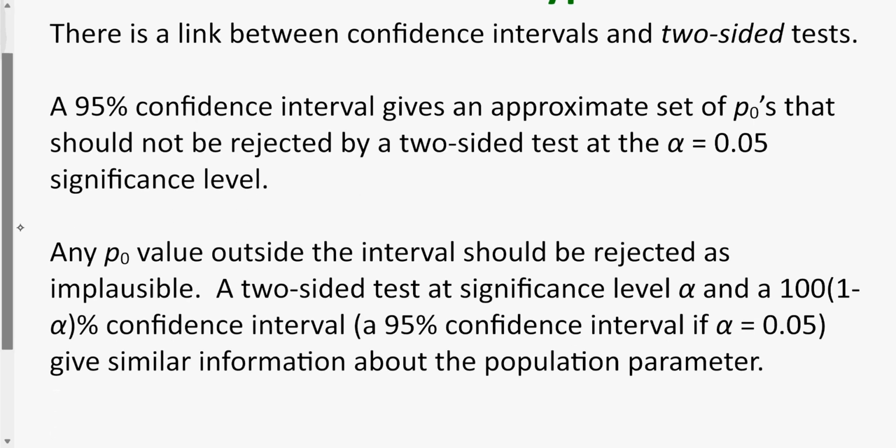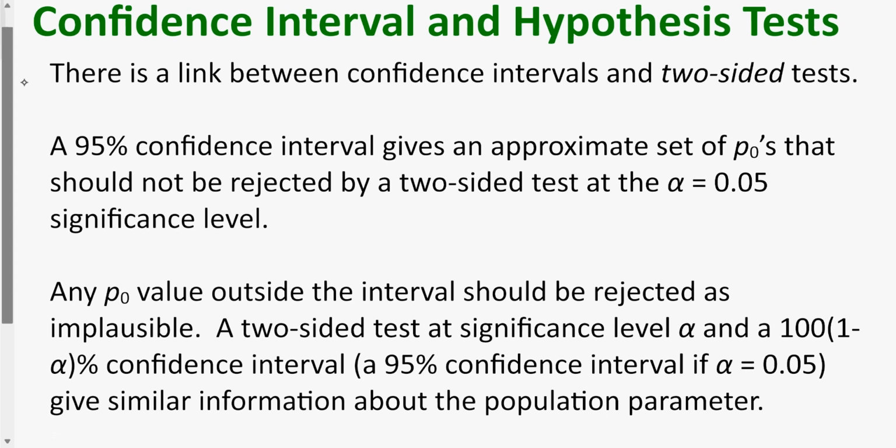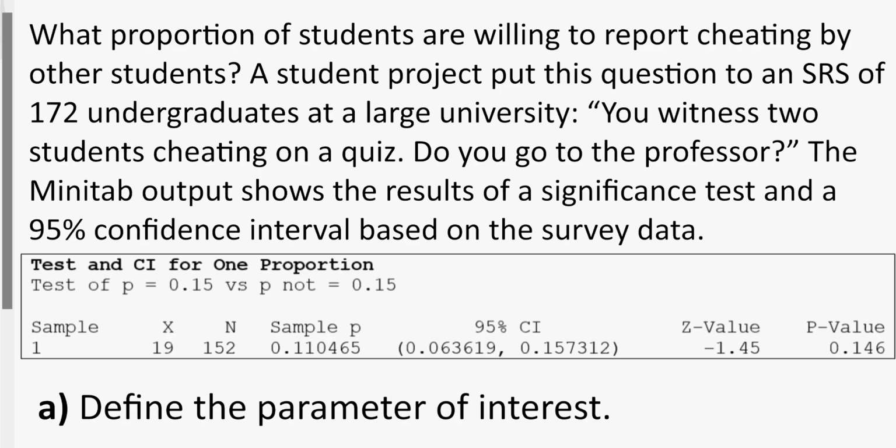So we have 100 times 1 minus whatever that alpha level is, that's your confidence level percent. That would give you a 95% confidence interval. It works with a two-sided test, and we'll get into more examples of that in the future, but one connection I wanted to show you is with these things called Minitab printouts or computer printouts for inferencing.